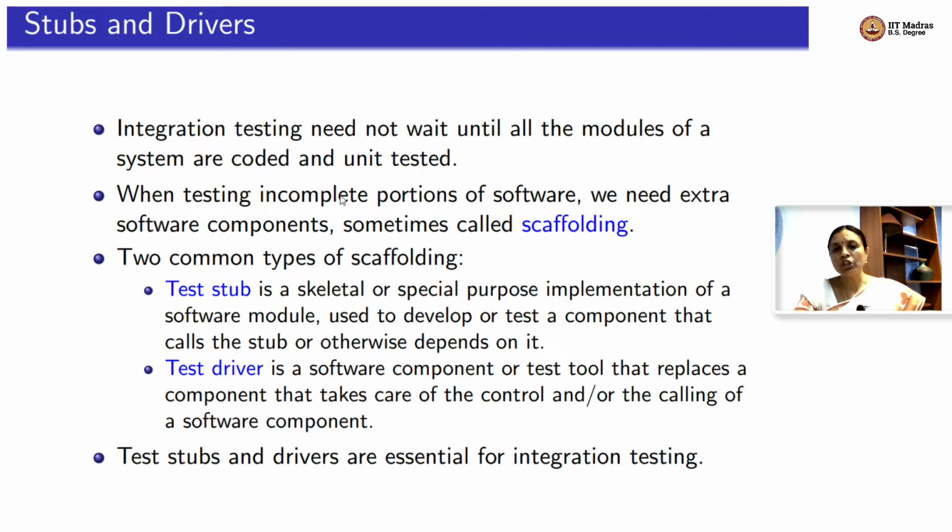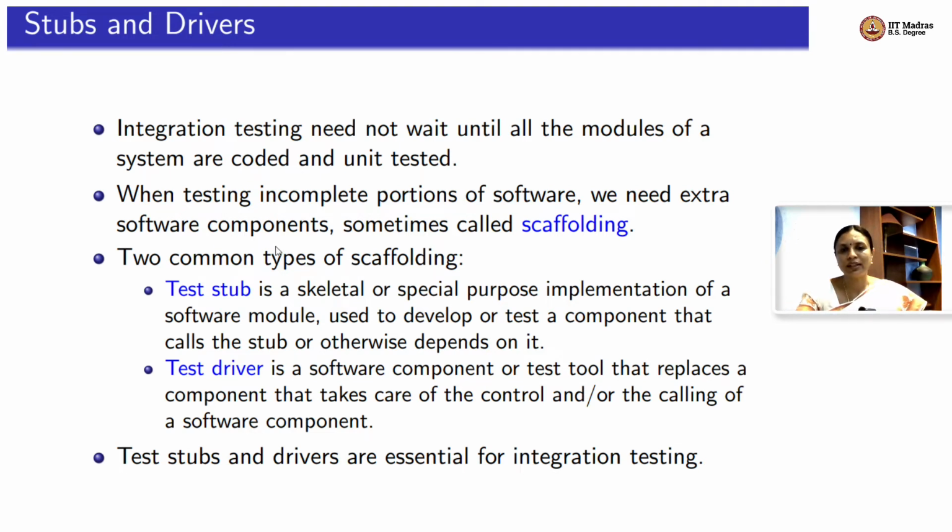So you write a special purpose implementation for B, and that's called a test stub. Suppose the same structure holds, module A calls module B. Module B is ready, but A is not yet ready, and you would like to test the interface between A and B. You write a special purpose implementation for A, the caller module, and that is called a test driver.